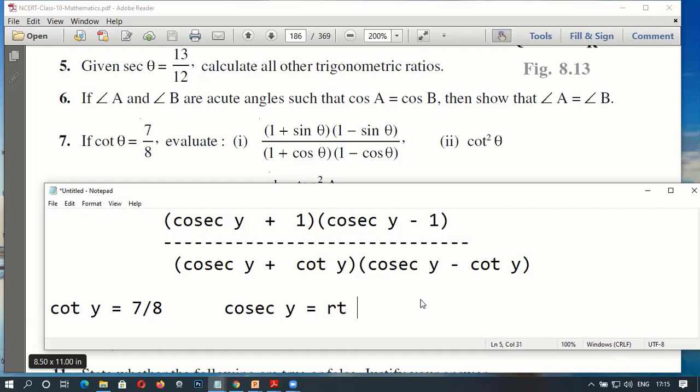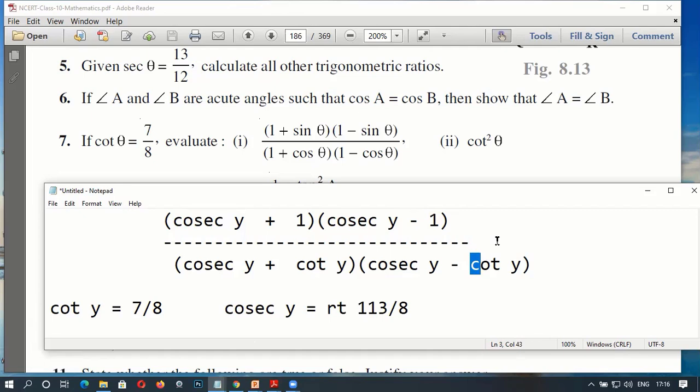Root of 113 by 8. Correct? Now we got the value of cosec. We just do direct substitution. That's it: cosec, cosec, cosec, cosec, and cot.